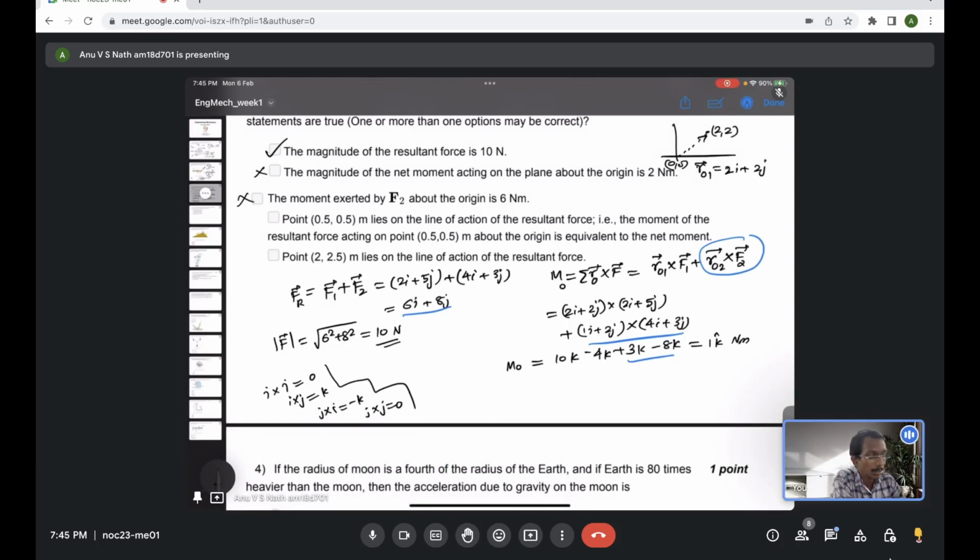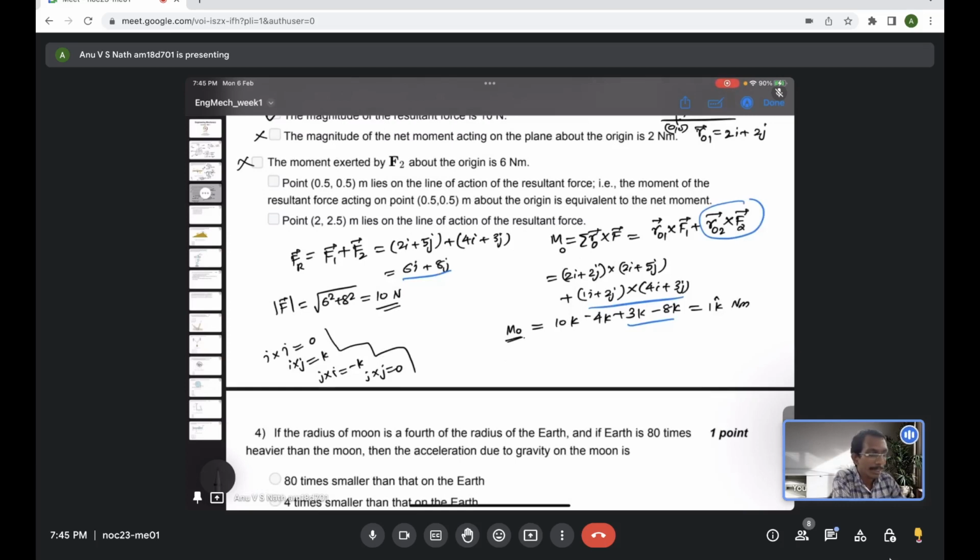So if we consider the moment about the origin, the resultant force is 6i plus 8j, which is passing through the point 0.5. The moment caused by this force should be equal to the actual moment Mo. Then only we can say this force is passing through the point 0.5 comma 0.5. Am I making sense?